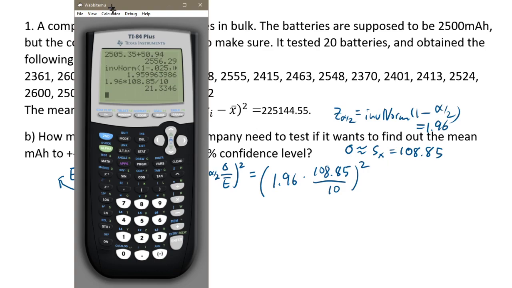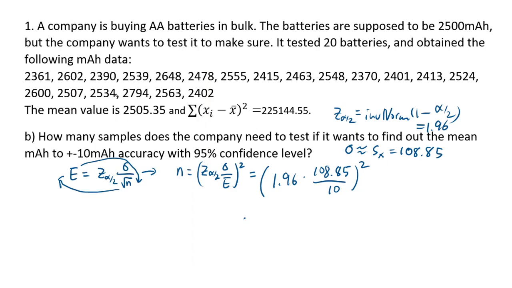And then we need to square this, so I'm going to put square. And we have to round up. That's another important thing. You have to round up the answer. So it equals 455 point something something. So round up, and you get 456 batteries.